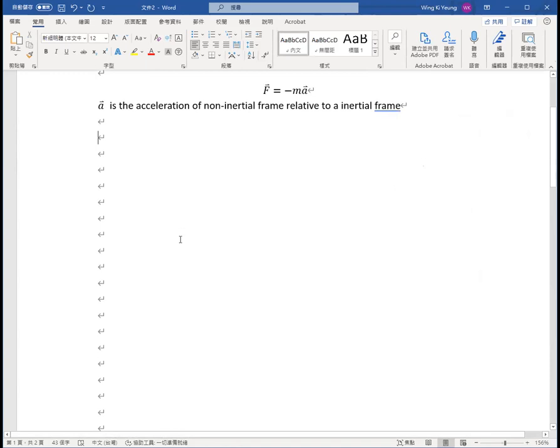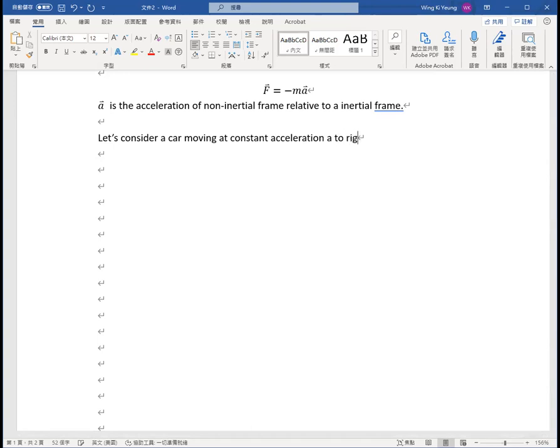Let me give you one simple example. Consider a car moving at constant acceleration a to the right.